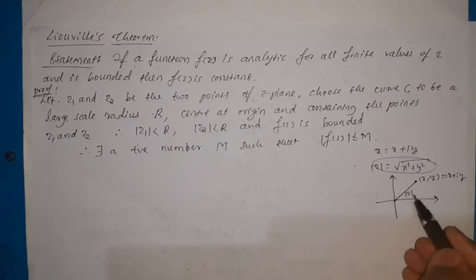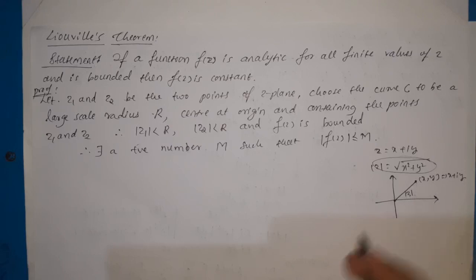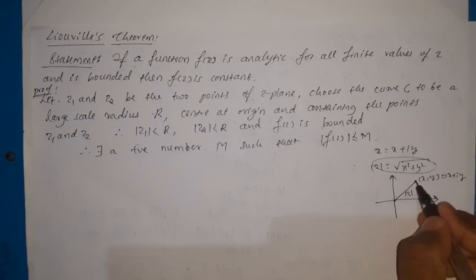Suppose the moduli of two points are equal, then those two points lie at the same distance, because if you move the point from this position to another, the length will change.